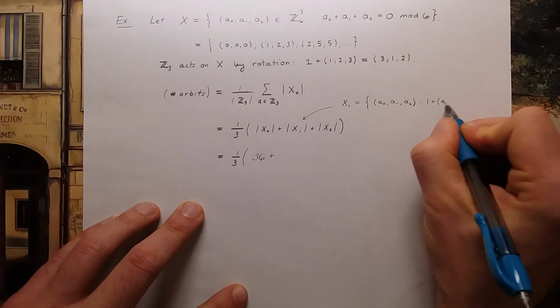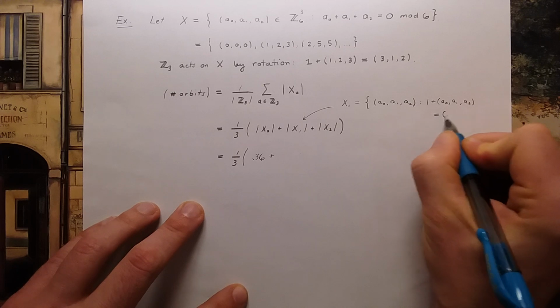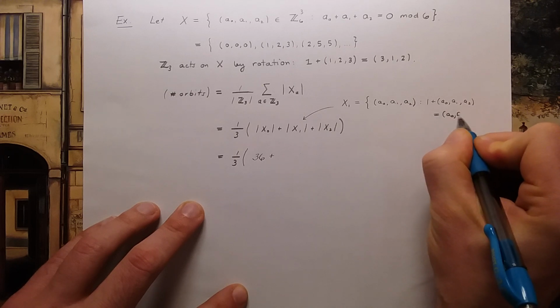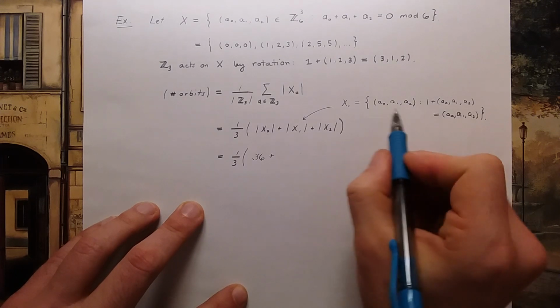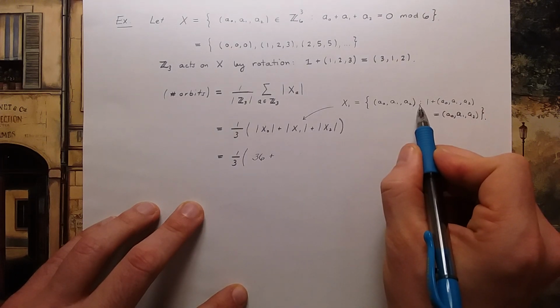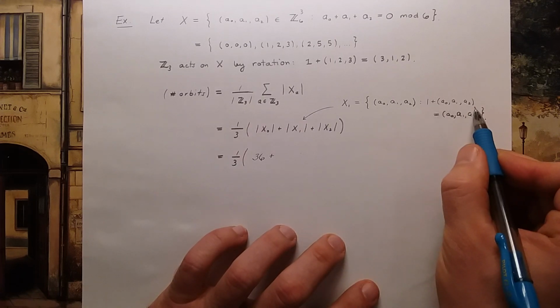So 1 plus A0, A1, A2 is itself. What kind of triples are the same when you rotate cyclically?